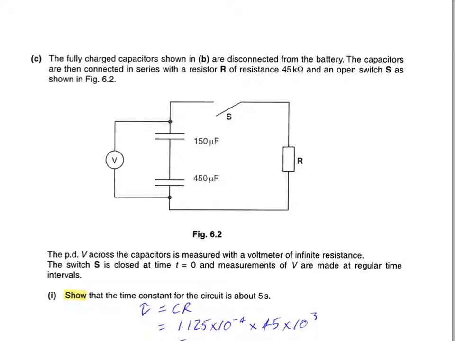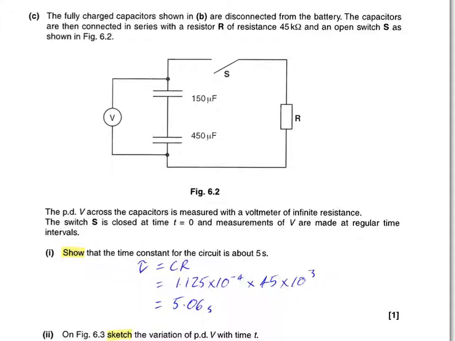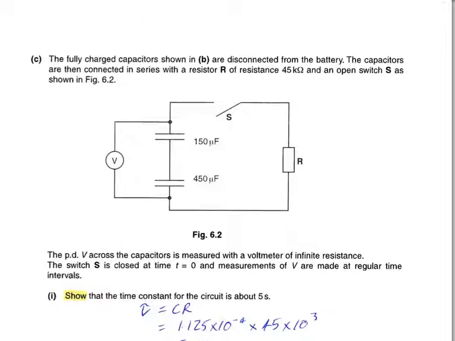We're now getting into charging and discharging. So we've got the fully charged capacitors disconnected from the battery, and the capacitor then connected with the resistor and open switch. The PD across the capacitors is measured with a voltmeter of infinite resistance, so there's no discharge happening through the voltmeter.